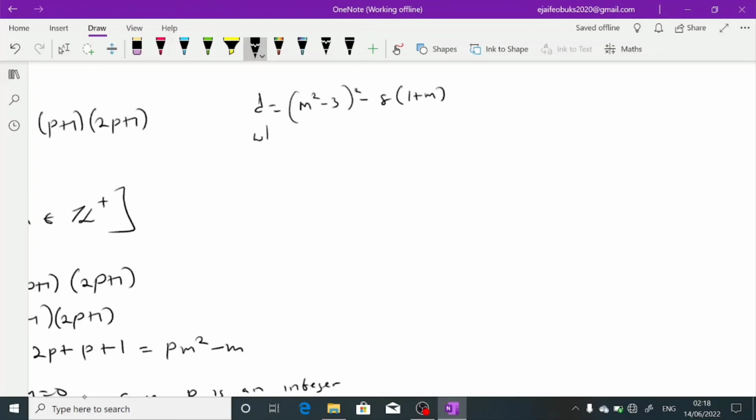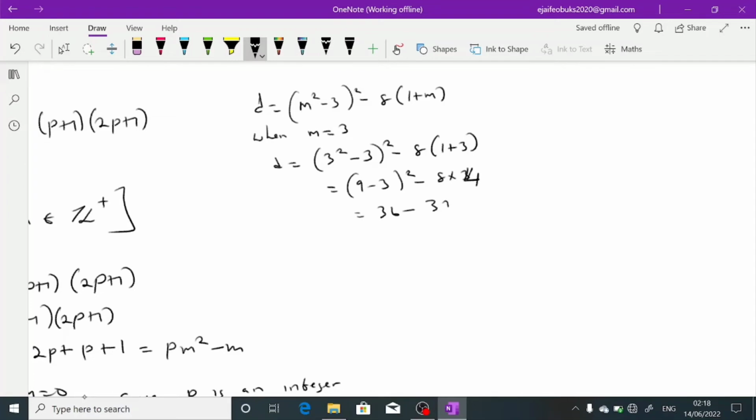When m equals 3, minus 8, this is 9 minus 3 all squared, is 8 times 3, that is 6. 3 plus 1 is 4, sorry, 4. This works, so we might want to consider this.